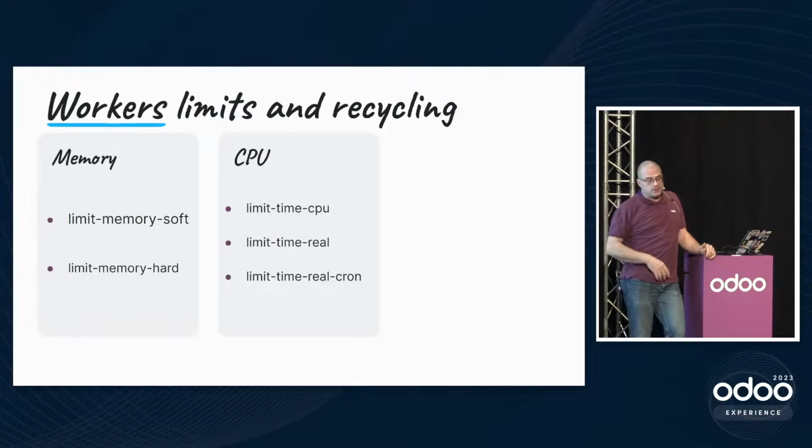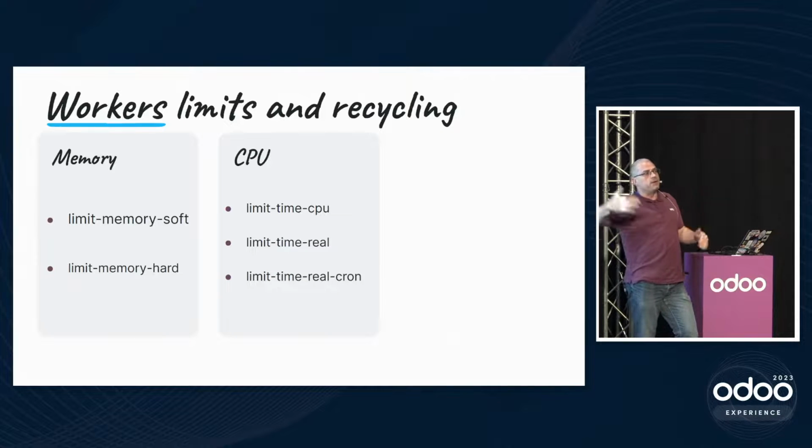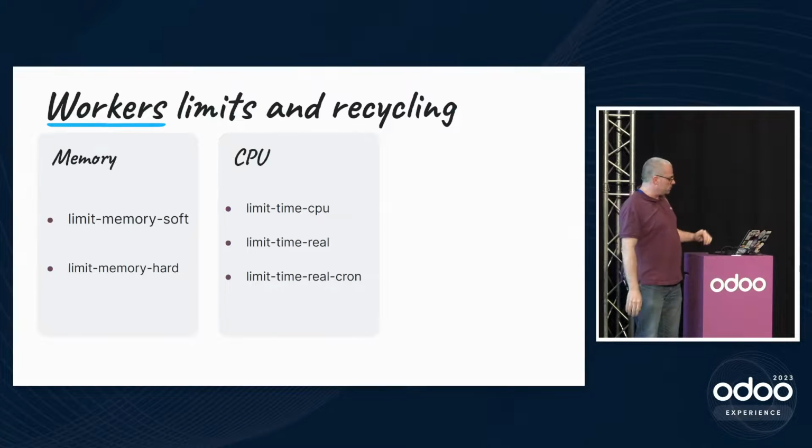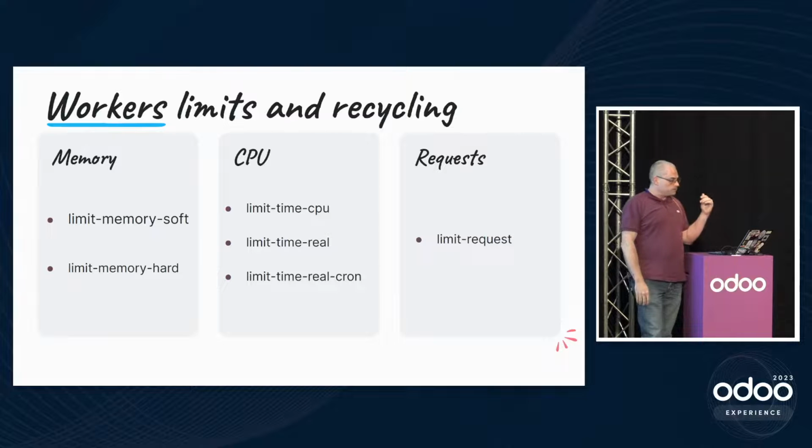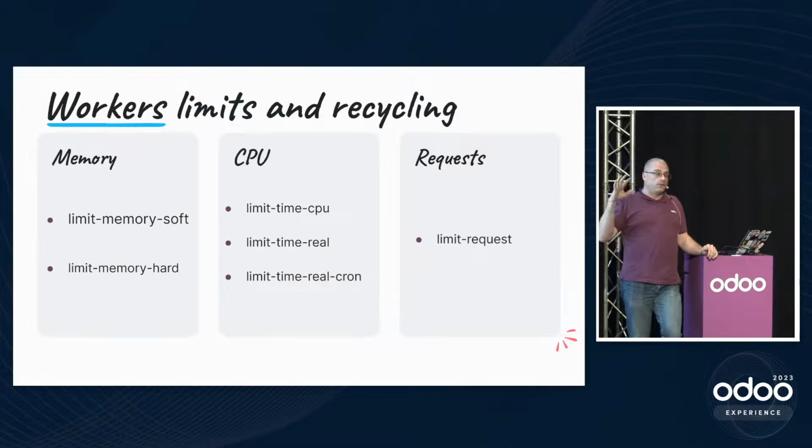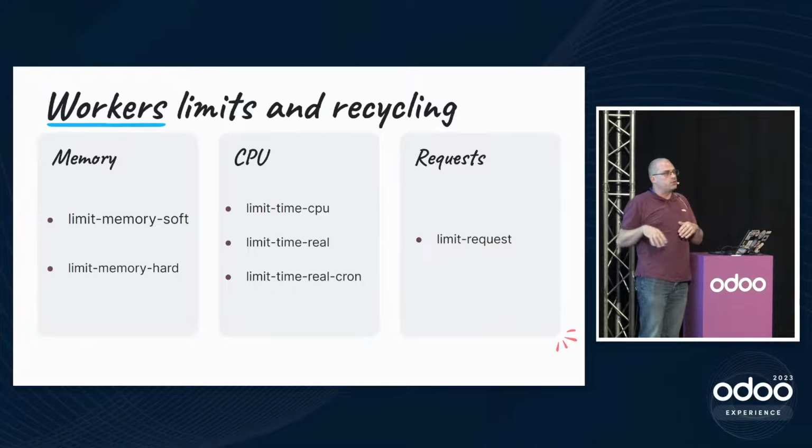If you are running complex cron jobs, they probably need more time than the HTTP workers, so you have a specific limit for the crons. And finally, you can also recycle the workers based on the number of requests. By default, after 8,000 requests, the worker is killed and a new one is launched. Those limits ensure the system performs smooth operation, does not eat all the memory of the system, and does not eat all the CPU to answer complex queries of the users.